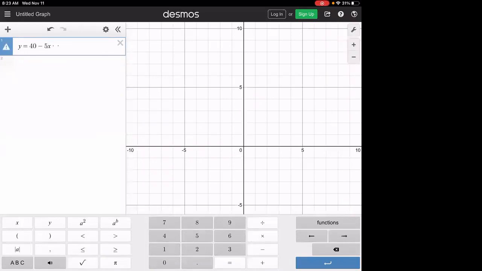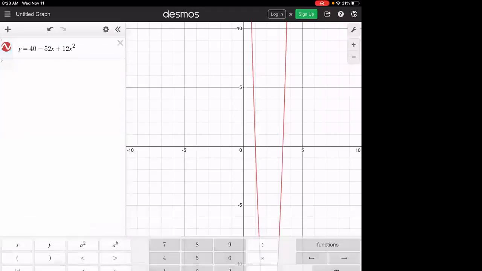Oh, this one. 52x plus 12x to the second power. Oh, okay, good, thank you. Okay, so we have two critical points here.